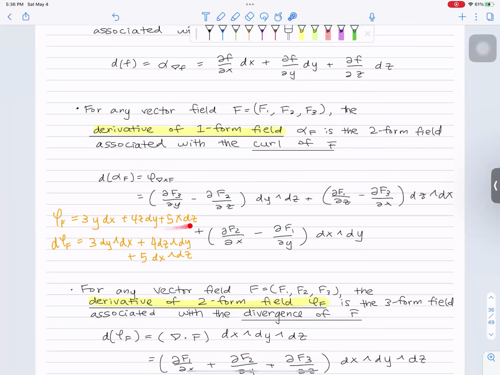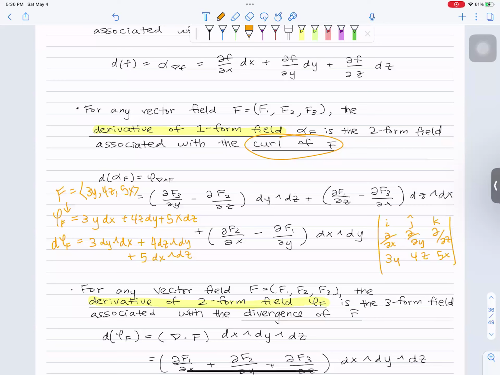So instead I could take this field and take the curl of it. So my field, the field associated to this 1 form is 3y, 4z, 5x. And I can take the curl of it. The curl is ijk, partial, partial, partial, 3y, 4z, 5x.